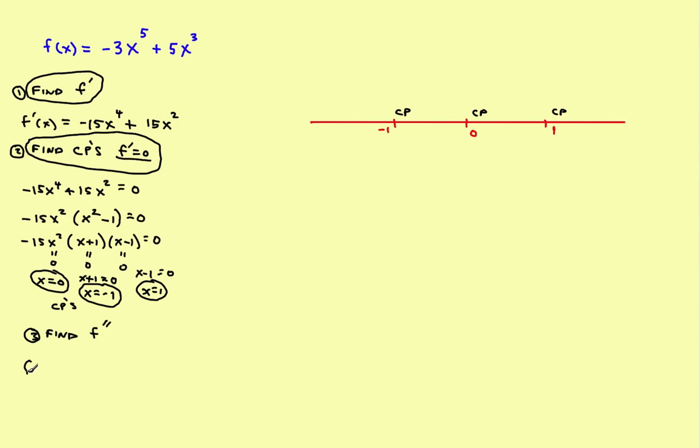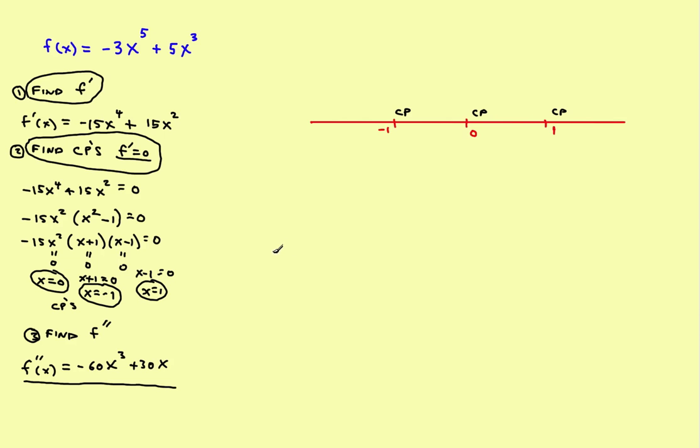The second derivative, f prime prime of x, is just going to be the derivative of the first derivative. So this will turn out to be minus 60x cubed, we'll just use the power rule on this, and then bring the 2 down, plus 30x. So this is the second derivative. And you're ready for the last step.